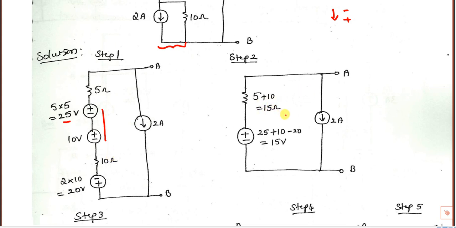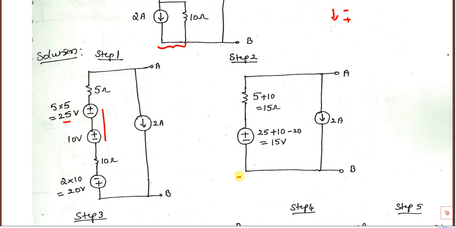So 15. Now again, if there is a voltage source and a current source, then in order to reduce this type of circuit, here I cannot convert it into a voltage source because there is no parallel resistance. There is no parallel resistance for this, but this I can convert into a current source because there is a resistance.